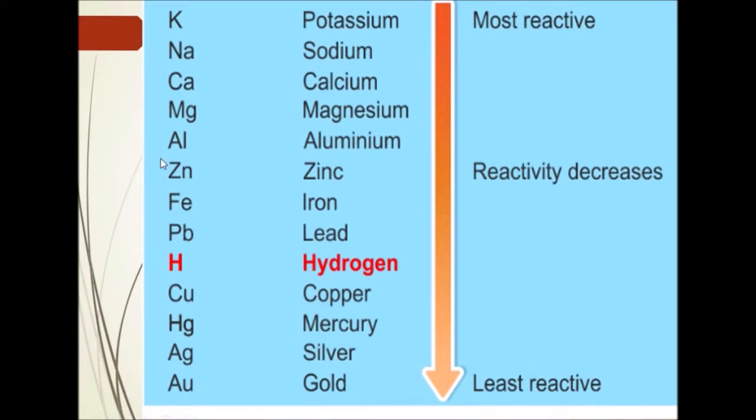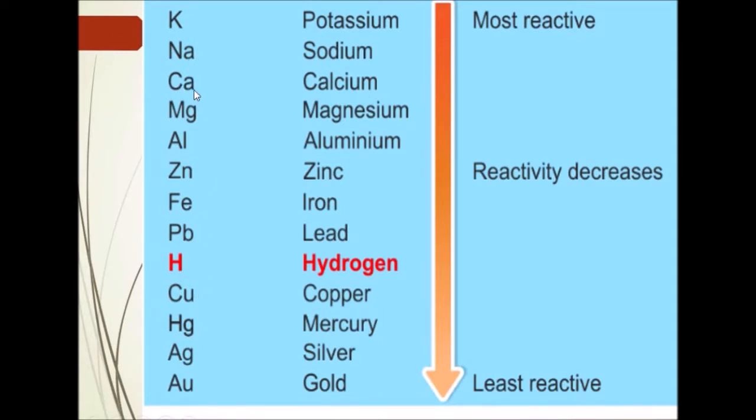Metals like zinc, iron, lead, copper are moderately reactive, whereas mercury, silver, gold are least reactive metals. So different procedures are used to reduce these oxides of metal to metal.